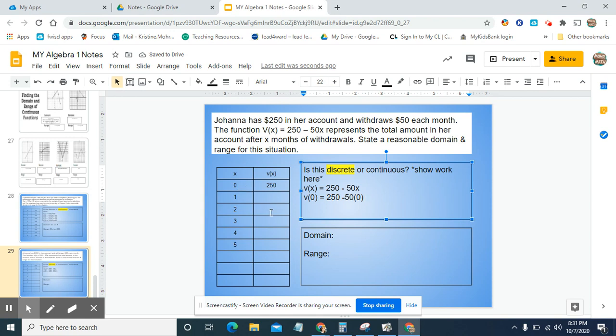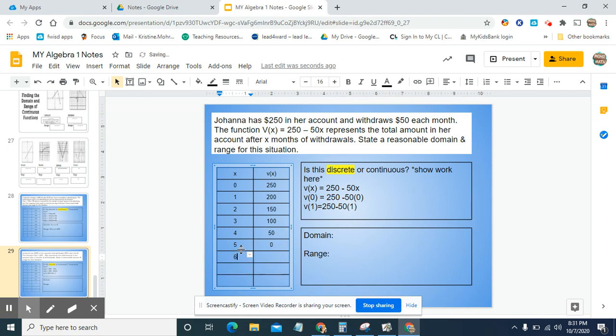So we could also use this and just know she's taking out $50, so this should decrease by $50, but let's prove it mathematically. So v of 1 equals 250 minus 50 times 1. Well, 50 times 1 is just 50, and 250 minus 50 is 200. So we are correct. It is decreasing by $50 each month. So 200 minus 50 is 150, then 100, then 50, and then 0.